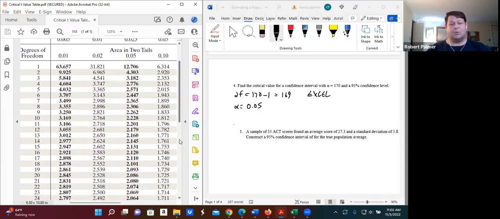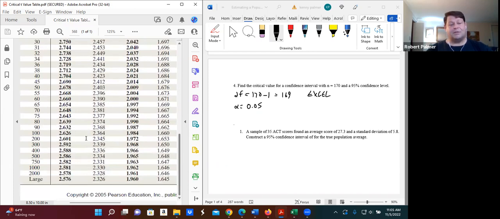Think of these as 2 points on a line, okay? 100 and 1.984, 200 and 1.972, and basically create a straight line with those 2 points, and then you have a formula for a line and plug in degrees of freedom of 169. Okay, that's kind of time consuming.